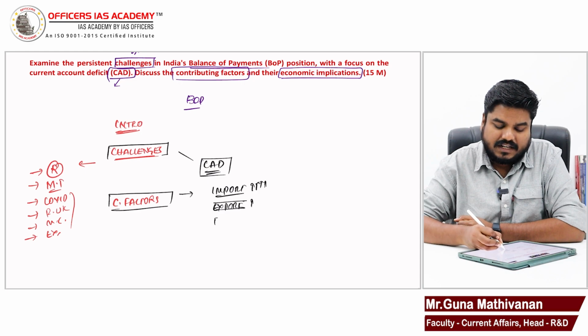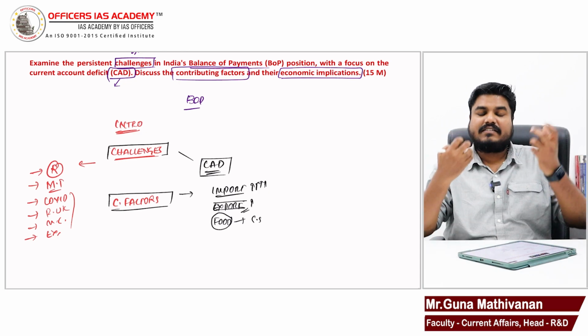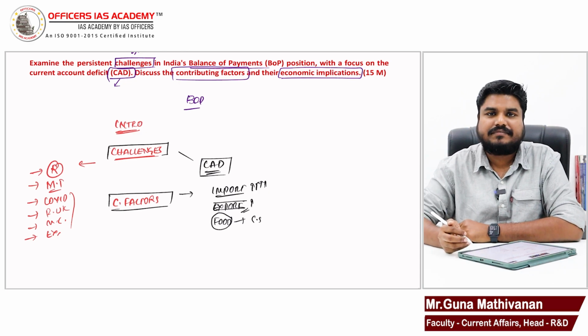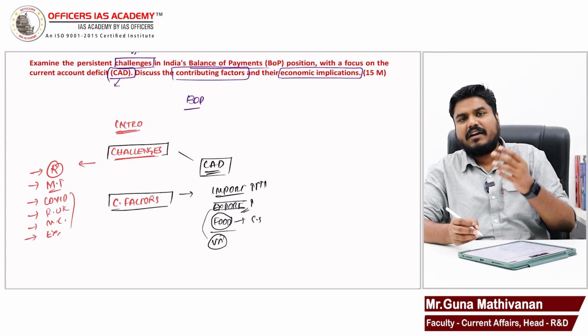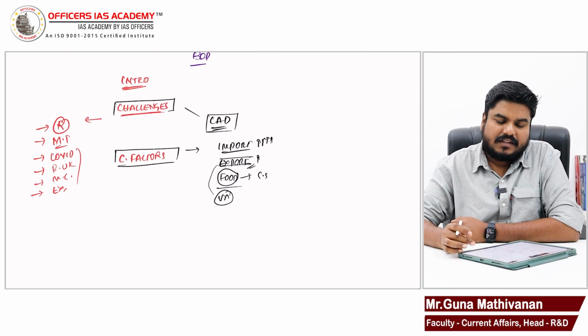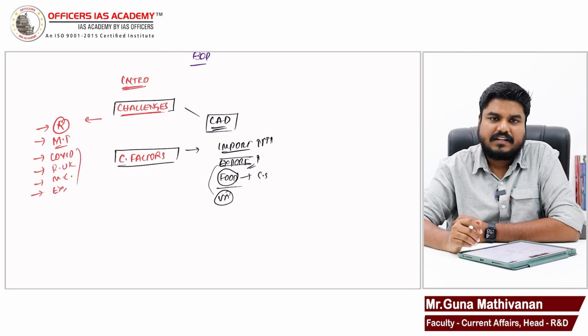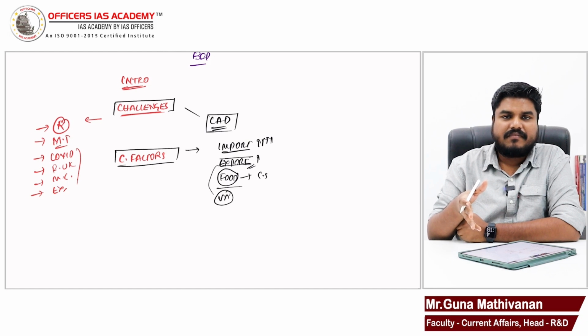Even in items like food, we have achieved exports, but we have not achieved self-sufficiency, which again results in higher imports. Our value-added exports are less, so we are not able to make bigger returns. You highlight such factors which contribute to the current account deficit.